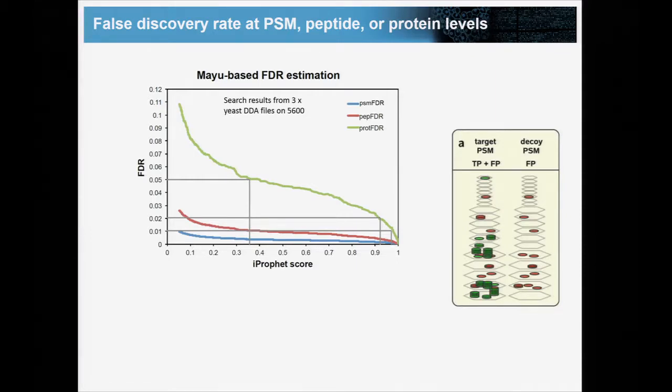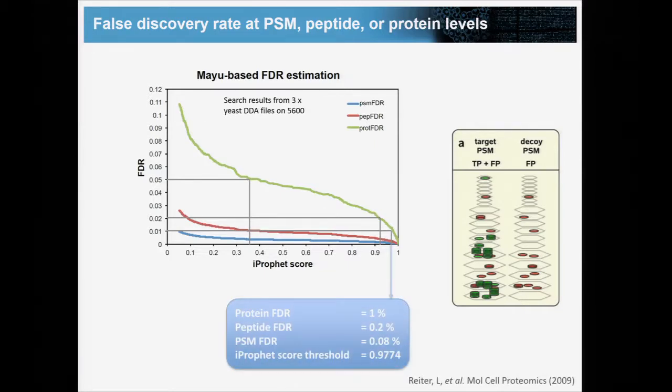This is an important concept also for SWATH analysis, but what I'm trying to point out is that it's important to evaluate these results at all of these different levels, and not just say, I'm going to use 1% PSM FDR, because it could lead to very significant errors at the protein level. So in this graph, for example, if we took 1% protein FDR, to achieve this we have to have a peptide FDR of 0.2% and a peptide spectrum match FDR of 0.08%.